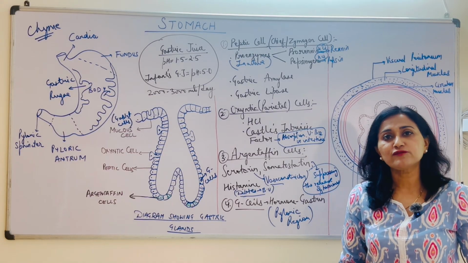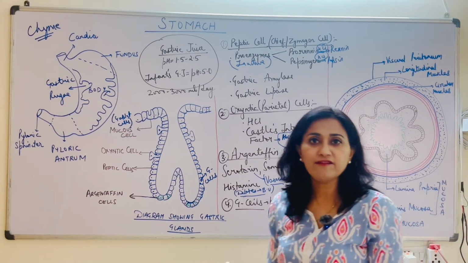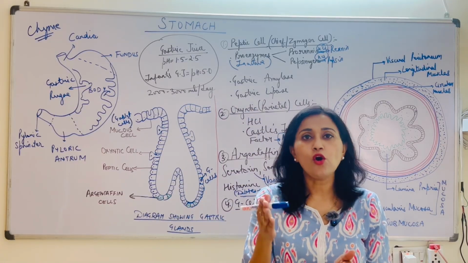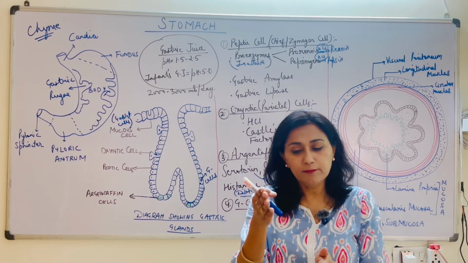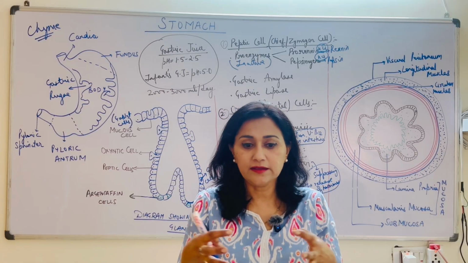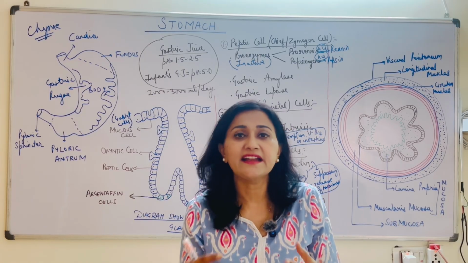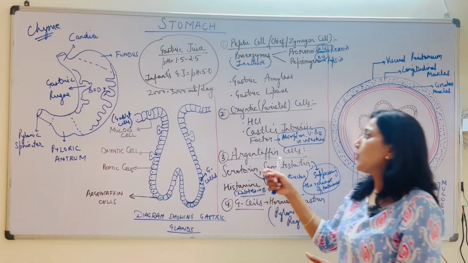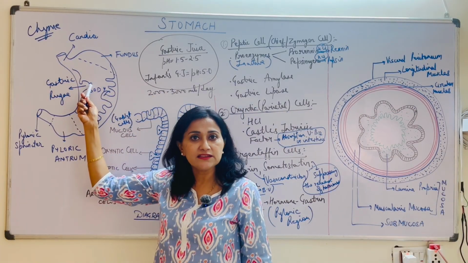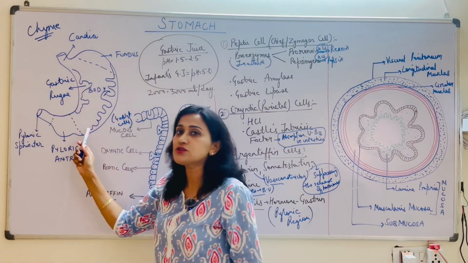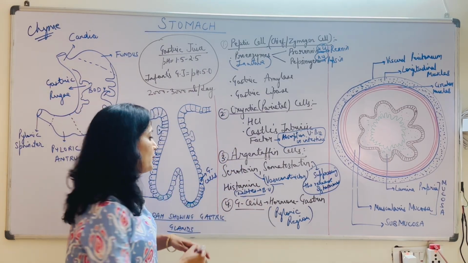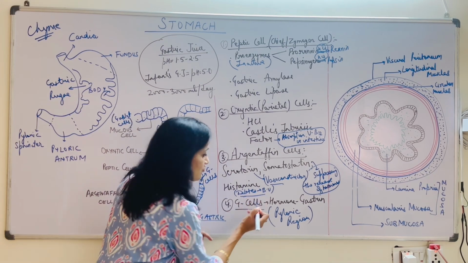And what is the function of the hormone gastrin? See, whenever we talk about the physiology of digestion, the role of the hormones also comes side by side. They function side by side, with an integrated role of each. So what happens is that when the food or the chyme is entering the stomach, the G cells of the gastric lining produce the hormone gastrin.